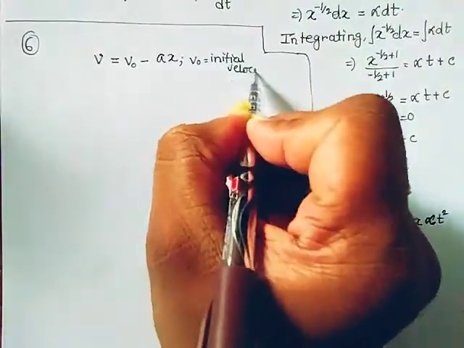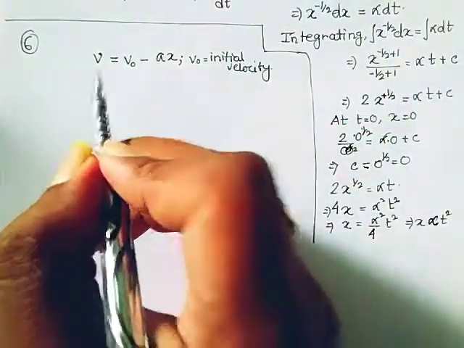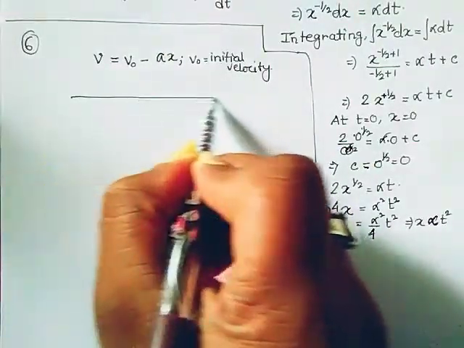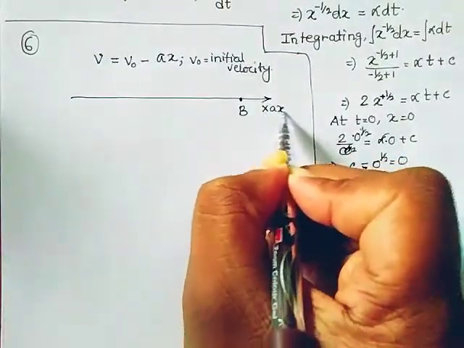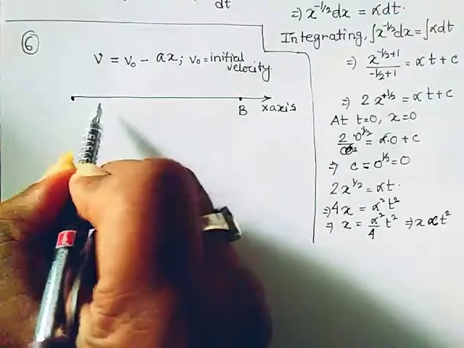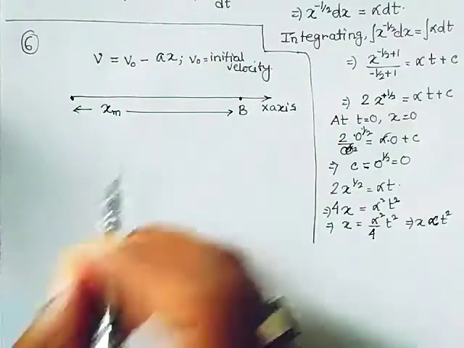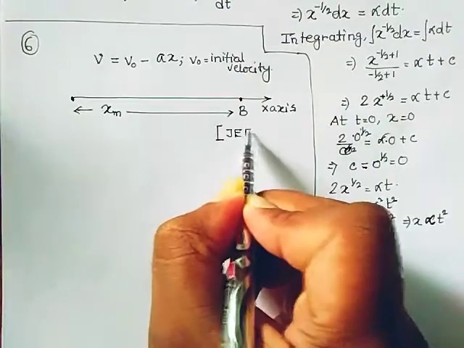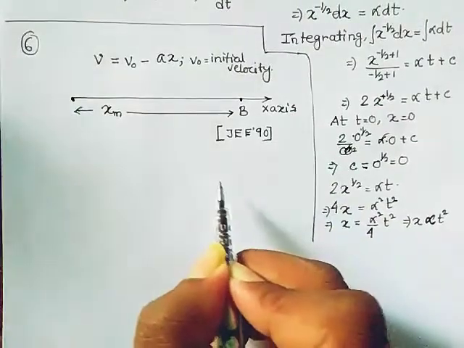You have to find out after which time the particle will reach the point capital B on the x-axis, which is at a distance x to the power m from the reference point. And this is a question of JEE 90, a descriptive type of question.